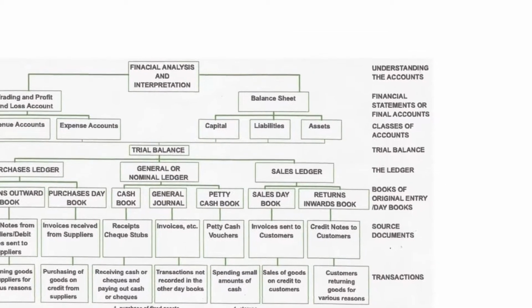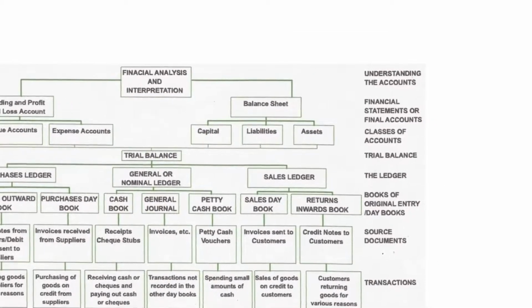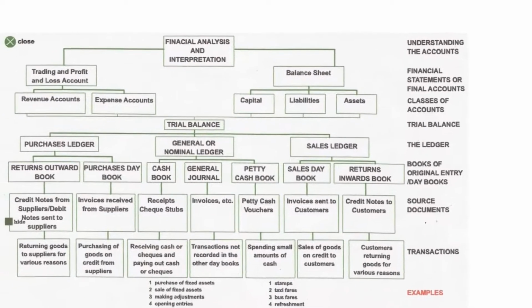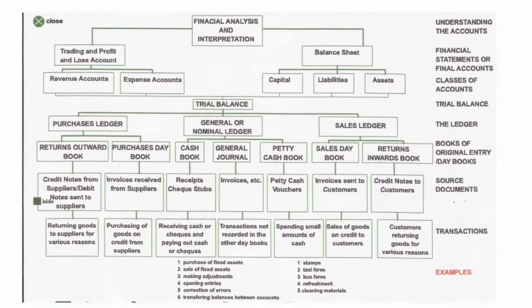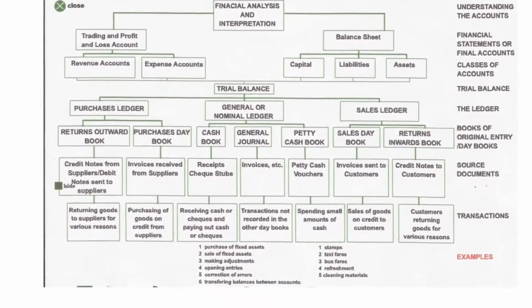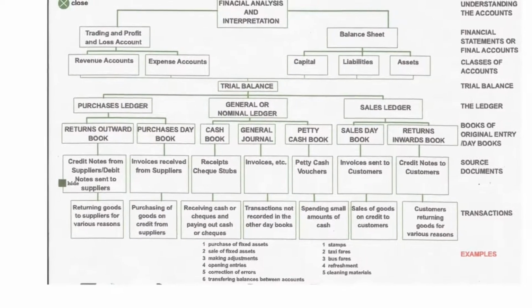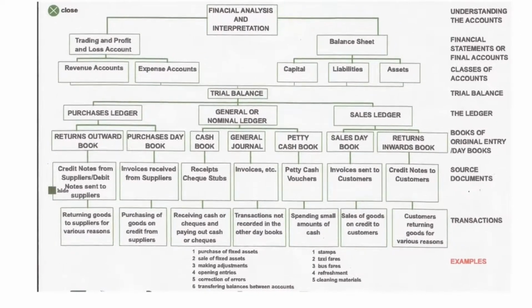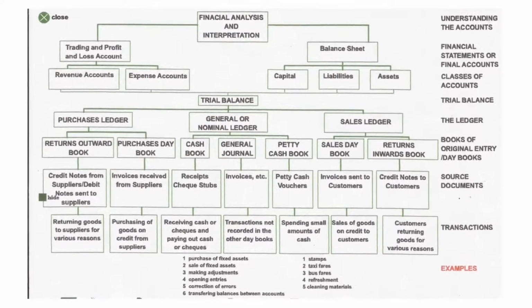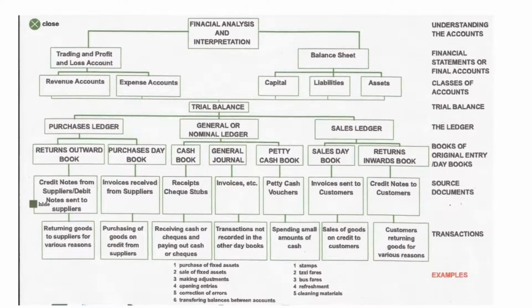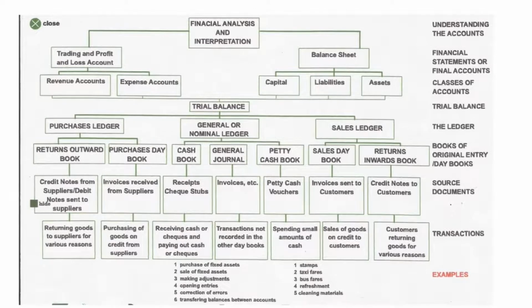So start with your transactions, whether the purchasing of fixed assets or sale of a fixed asset or paying for stamps or taxi fare or refreshments, assuming that those expenditures relate to the business, right? So you have the transactions that will result in getting a source document.